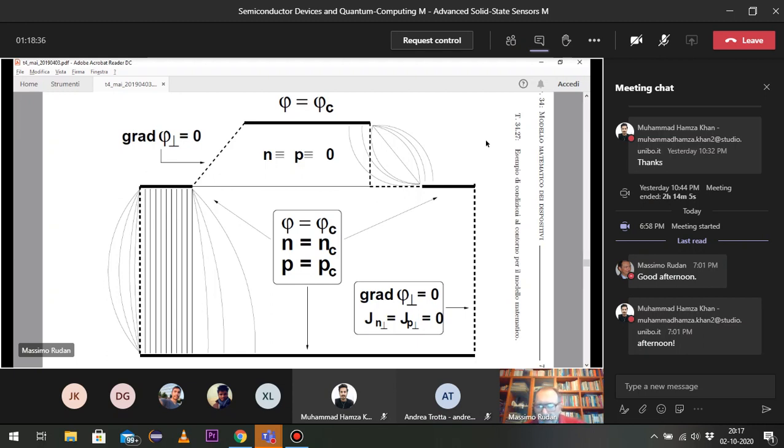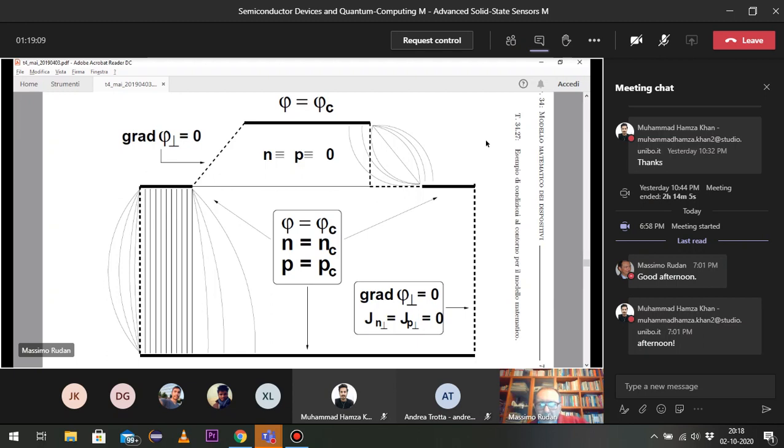Assume that the contact on the right is the drain contact and that you have applied, I don't know, 2 volts to the drain and 3 volts to the gate, okay? So the thin lines that you can see, those that make some curves, are the field lines that are in that region, okay? And the field lines start from the gate and close into the drain contact, okay?